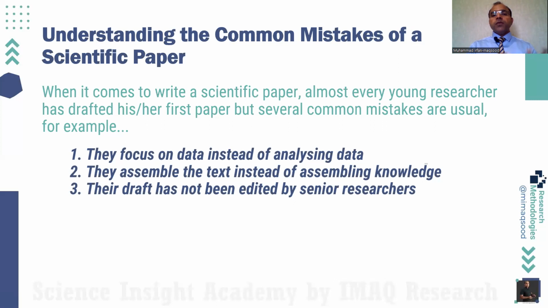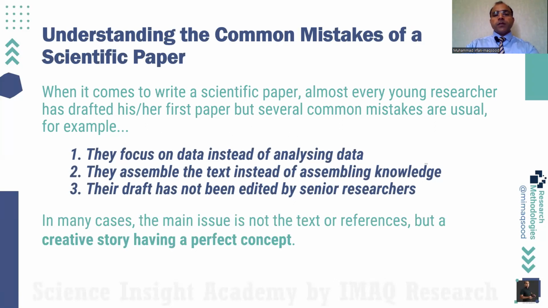They assemble a lot of text instead of assembling knowledge. A paper is not a piece of text. A paper actually is a piece of knowledge. So when you are assembling the knowledge and analyzing the data, these things should be edited by senior researchers, because these mistakes have been made by several young researchers, and they failed to publish their first research.